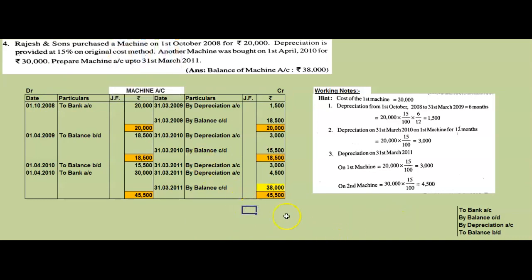This is our answer. If we observe carefully, what is the accumulated depreciation on the first machine?